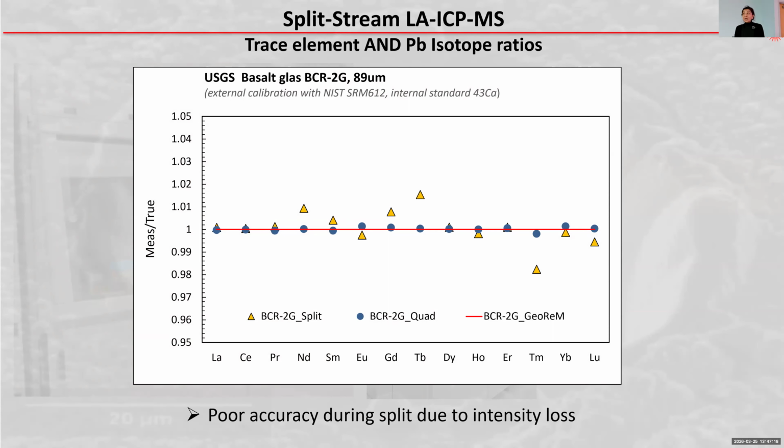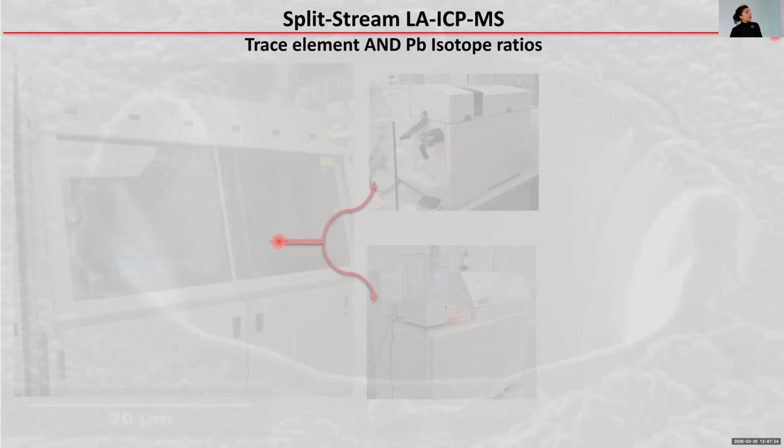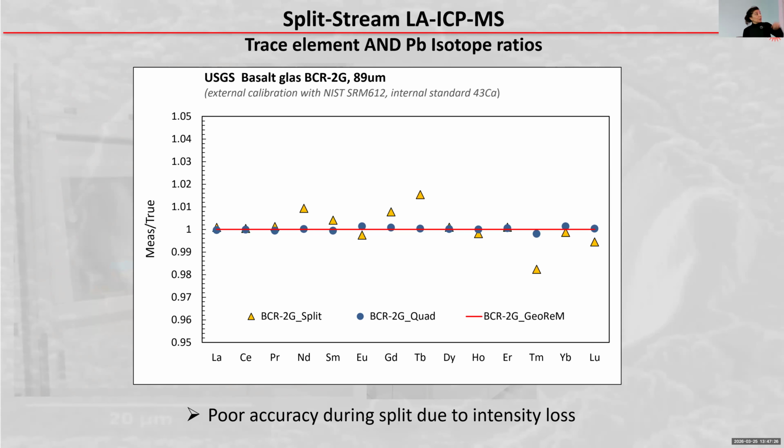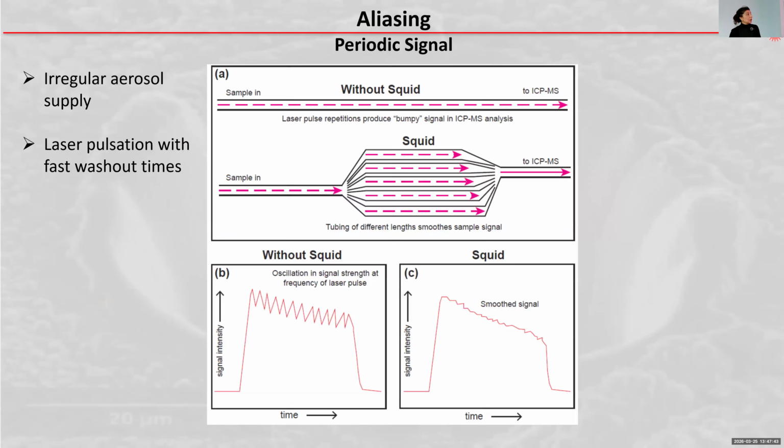Definitely not too much on the lead isotopes, depending on your lead isotope composition, as we just saw, but more so with the trace element data. So this one was a split session, and when we compared to a single ICP-MS session, the analytical uncertainties of the trace element data suffered quite a bit.